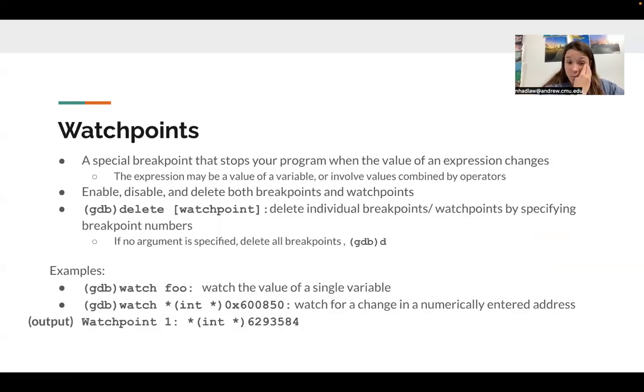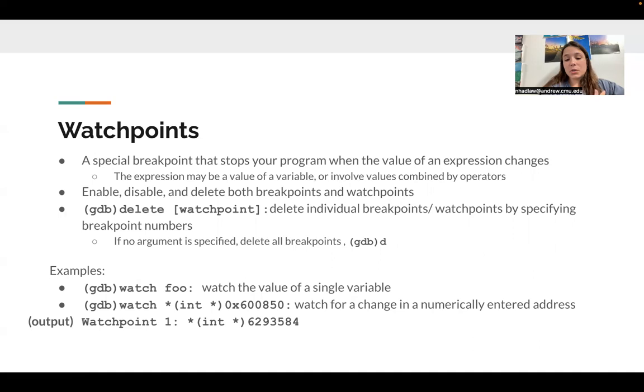As I mentioned, watch points are places where your line of execution in your code will stop when the specified variables change. And by similar logic, you can delete watch points, you can add watch points, you can see what watch points you have. And here are examples. If you wanted to set a watch point for a specific variable, you could do watch and then the variable name.